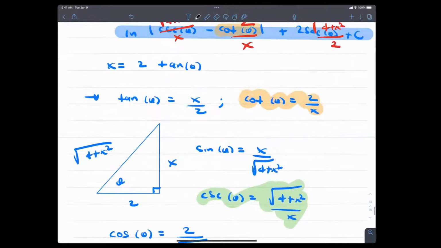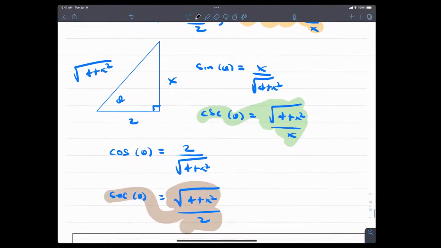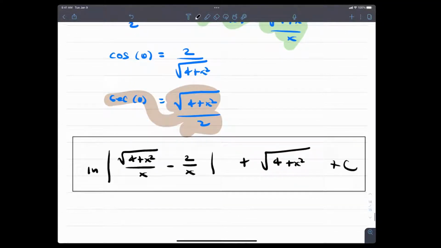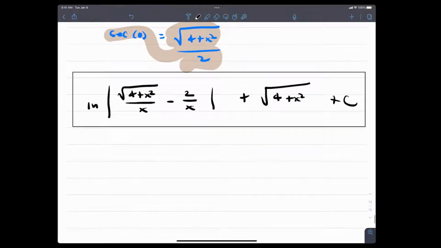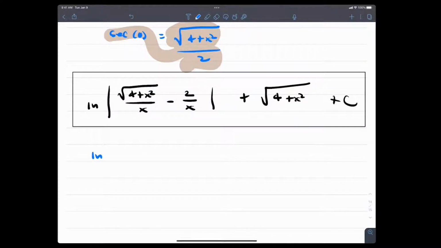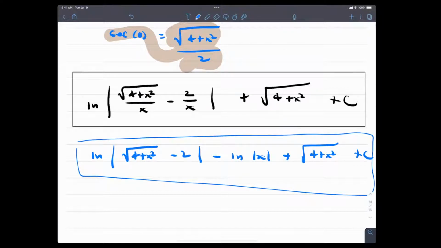Double check here. And sometimes you might even see this: natural log absolute value of square root of 4 plus x squared minus 2, minus natural log of x, plus the square root of 4 plus x squared, plus c. Now you might say, what happened here?